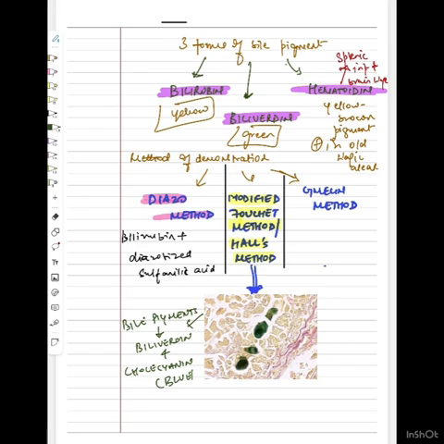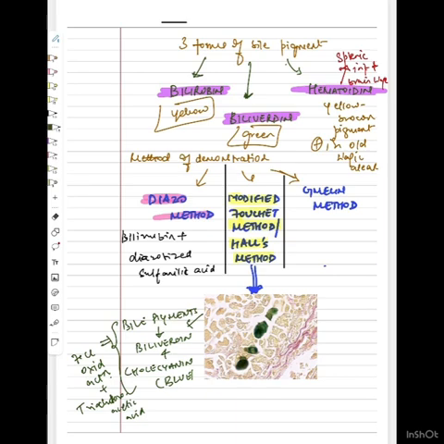So through the oxidative action of ferric chloride in the presence of trichloroacetic acid, this conversion happens. So ferric chloride oxidative action with trichloroacetic acid gives rise to this biliverdin and cholecyanin.